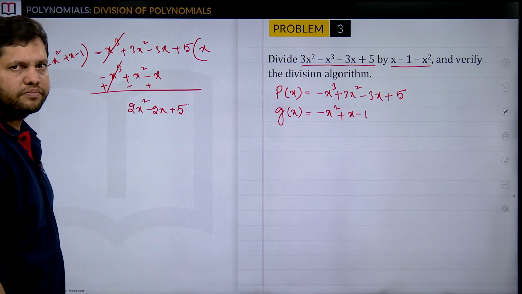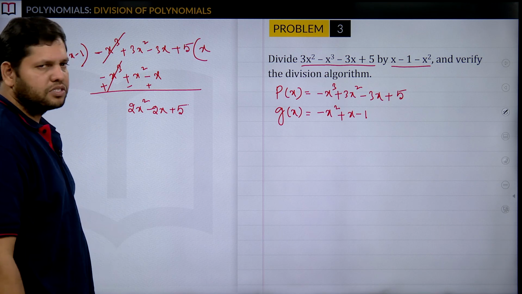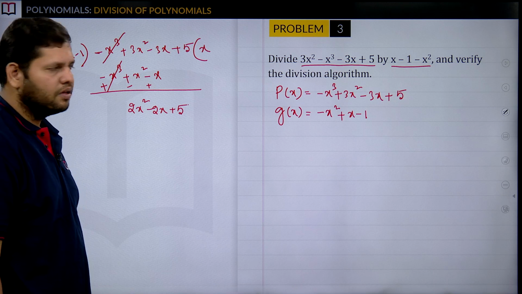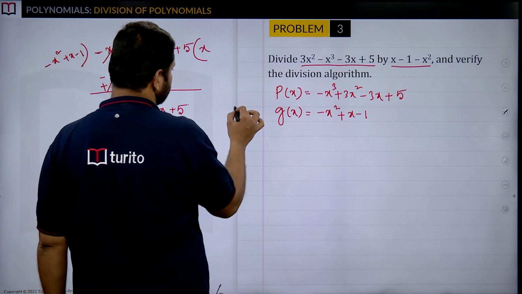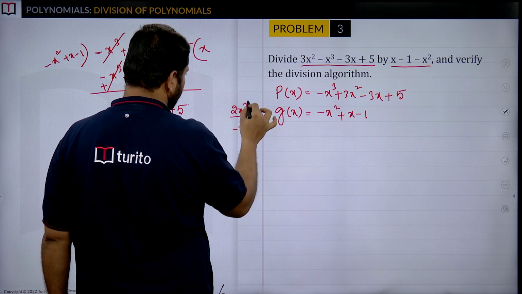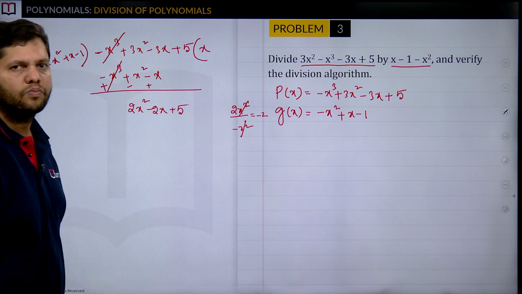Clear, children? Now I want to get the 2x square term here, but this is the minus x square term. So can you tell me, children, which number we need to multiply? In case you don't know, you do it like this. 2x square divided by minus x square. x square cancels. So you are supposed to multiply with minus 2.